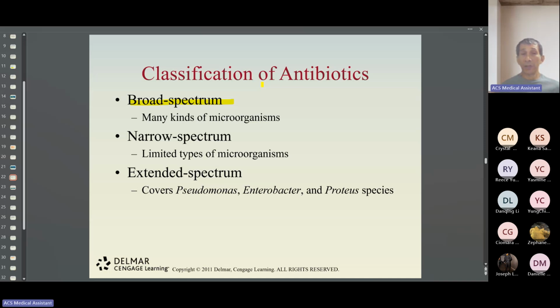It covers other microorganisms that are very hard to eliminate. So we have some type of extra antibiotics that we can use for this particular bacteria because the other medications, whether broad or narrow spectrum, do not work. I mentioned it already.